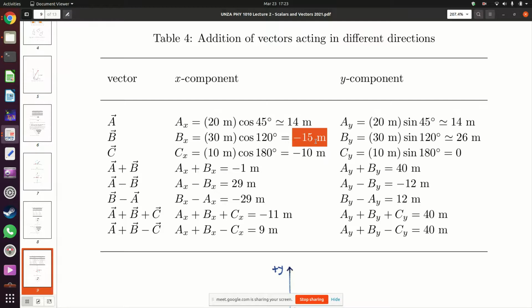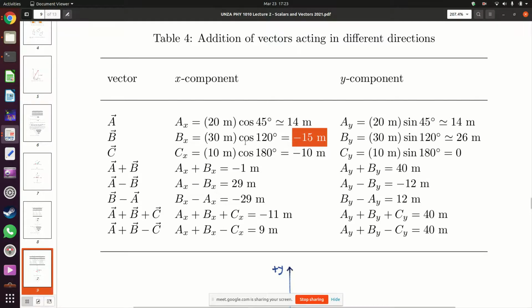So here we have an example of a component which has got a negative sign. This component Bx is minus 15 meters. What does that mean? We are talking about the x-axis. It means that it is pointing in the negative direction of the x-axis.